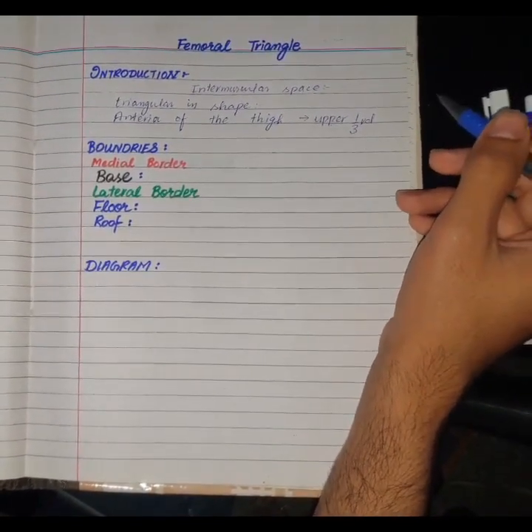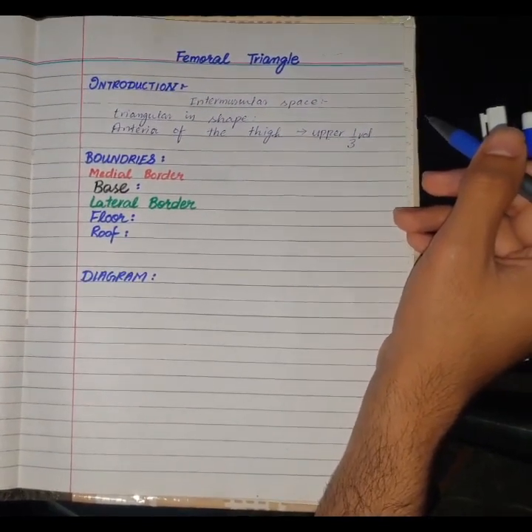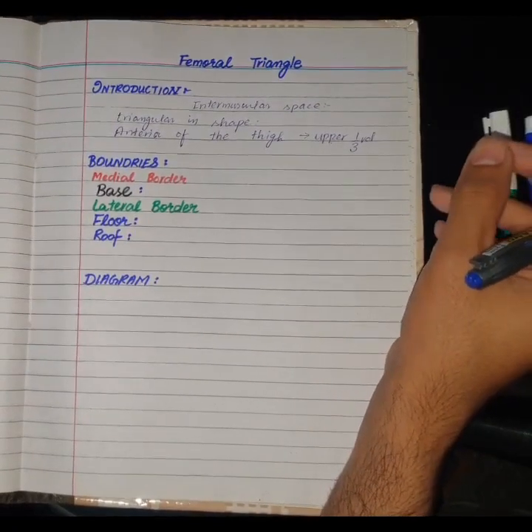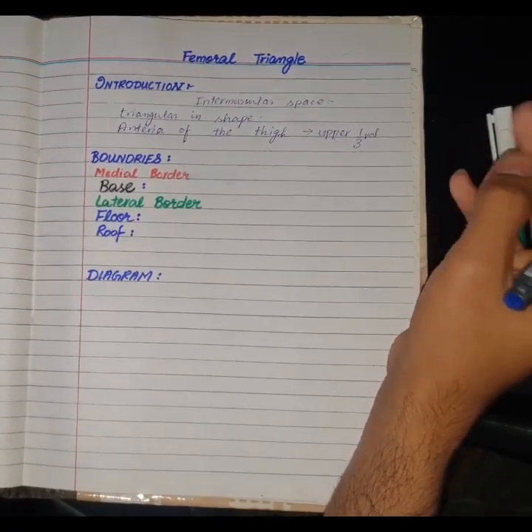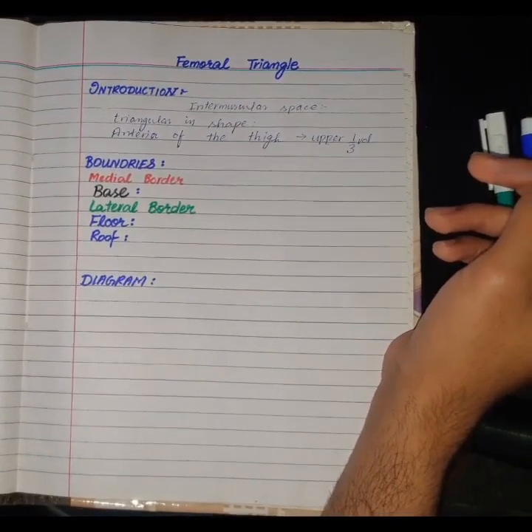So what are the boundaries of the femoral triangle? Since it's a triangle, it must have 3 boundaries. So a medial boundary, a base, and a lateral boundary.